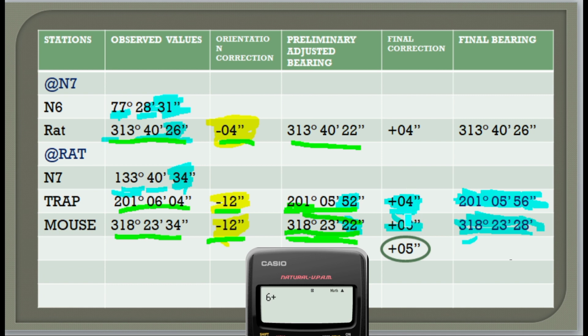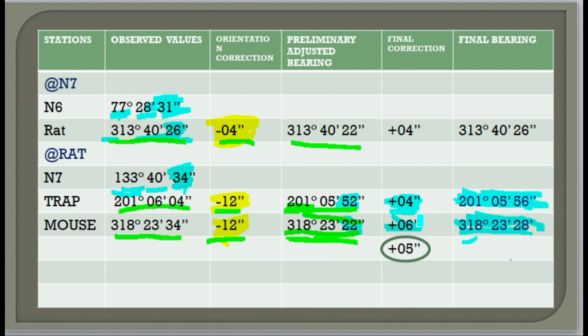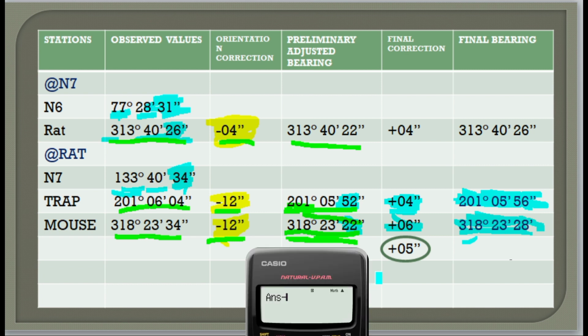After doing that, you add both our two values. So 4 plus 6, our answer, that is 10 seconds, divide by 2, we get our mean as 5 seconds. After having done that, we move on to our next part.